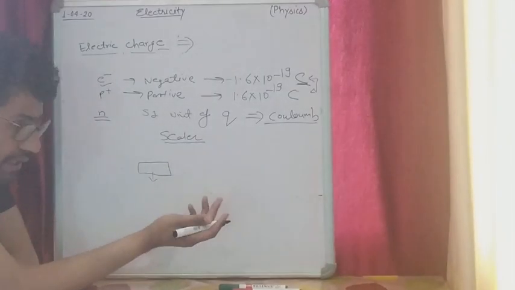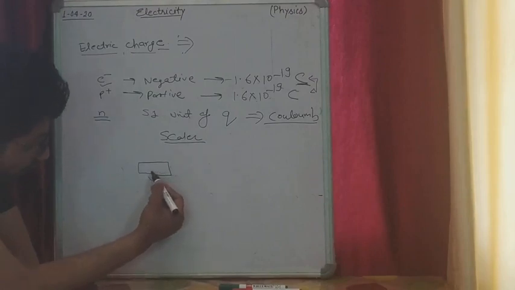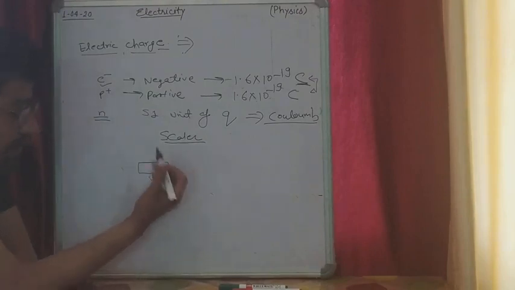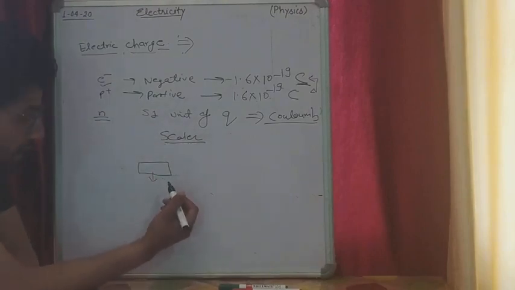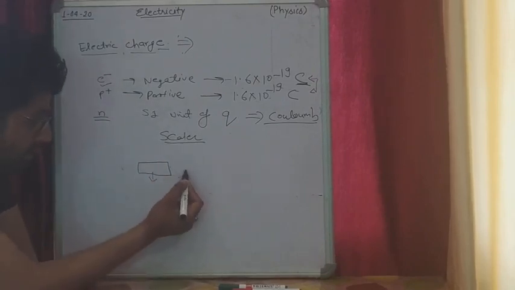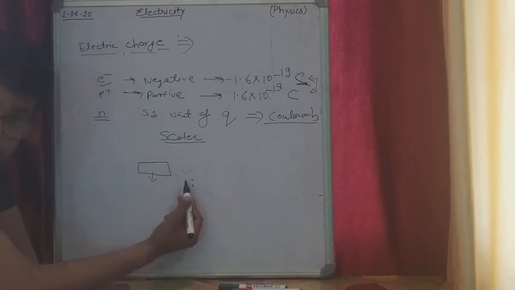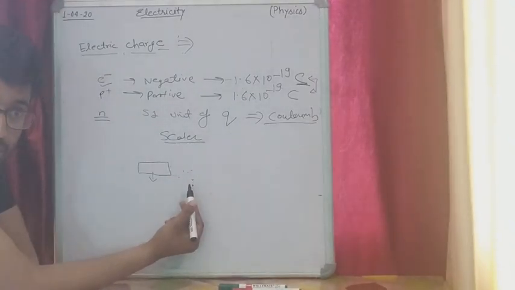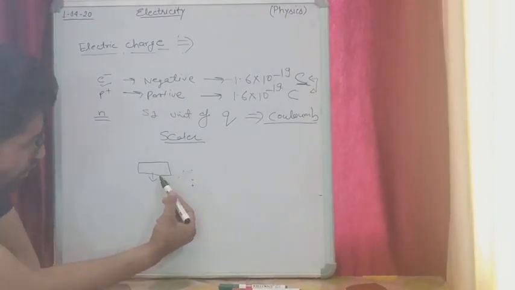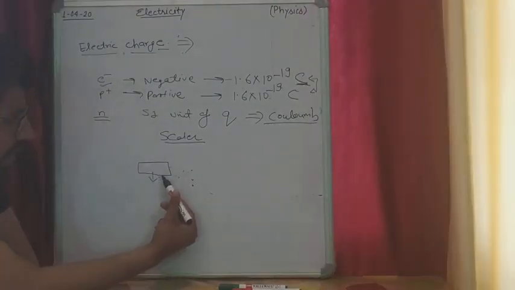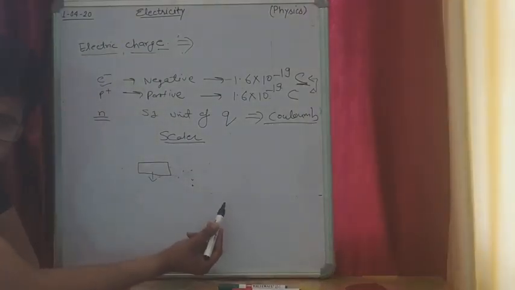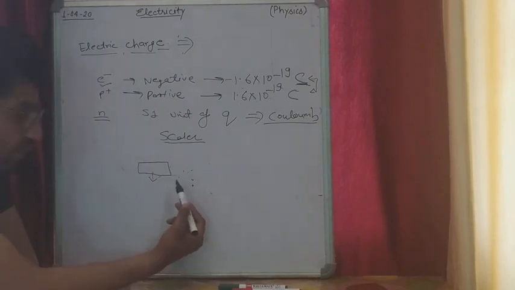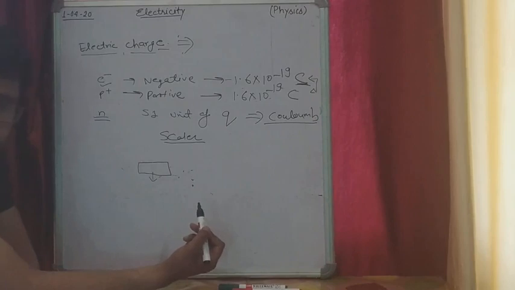When we rub this insulator scale with our hair, then what do we find? We find that if there are some small pieces of paper, then this scale can attract small pieces of paper. If you are not rubbing this scale and you bring it near the pieces of paper, then you will see that there is no attraction of pieces of paper towards the scale.